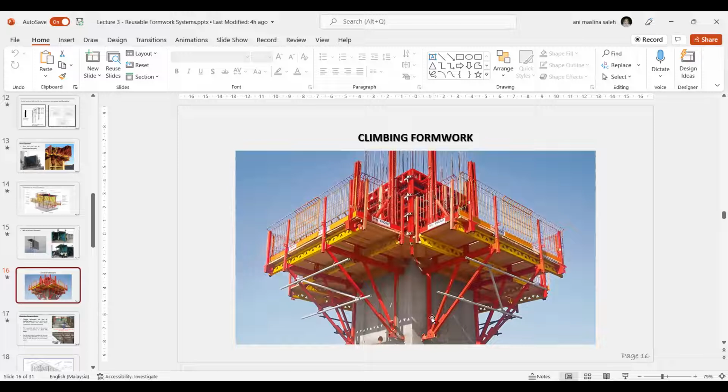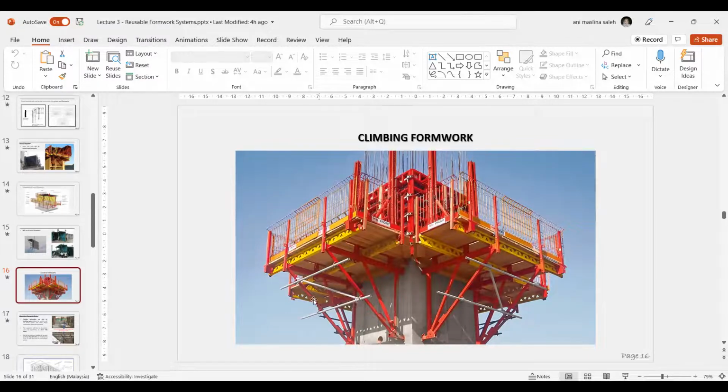So that is the process. So once you have that point, sama juga bila awak naik ke atas, naik the next layer, dia akan fix point to support this climbing formwork system.